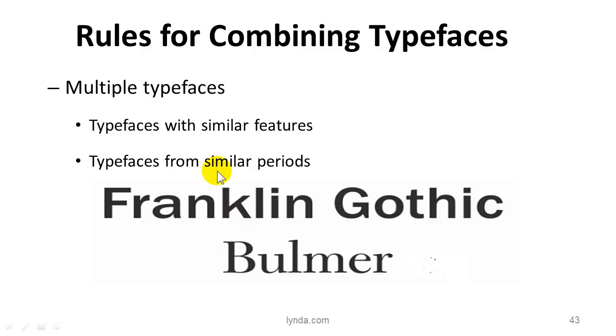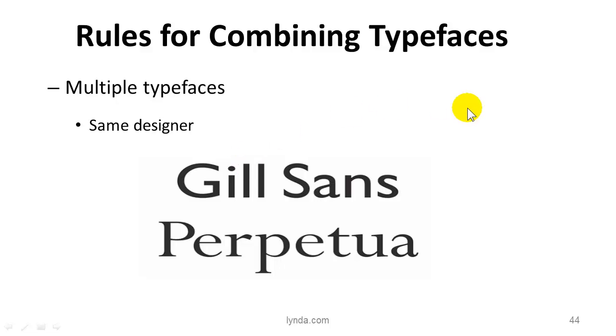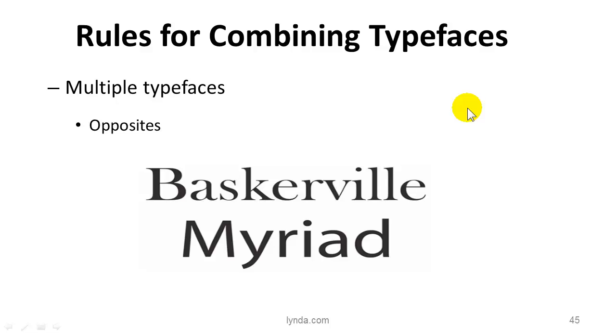Alright, using typefaces with similar features works well, or typefaces from similar periods will also work well. Using typefaces from the same designer works well. Sometimes opposites work very well.